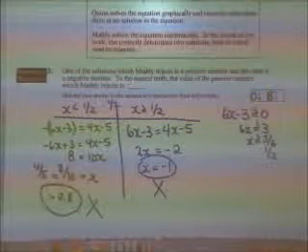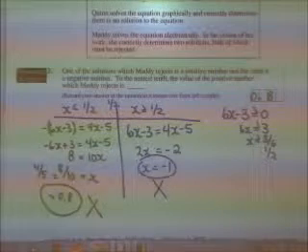Okay, question number 8. The roots of the equation x squared plus 2x minus 10 equals 5 are -5, 3, and -1 plus or minus the square root of n. So what is the value of n?